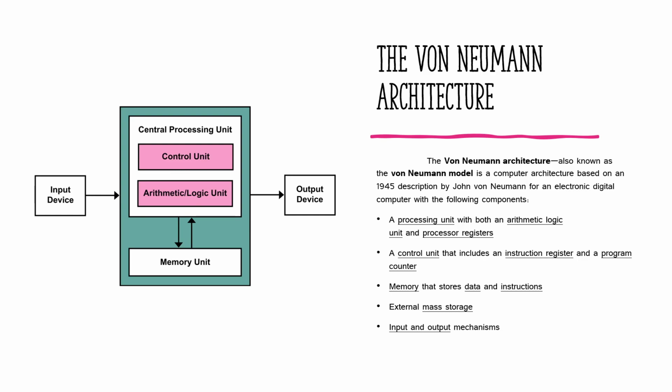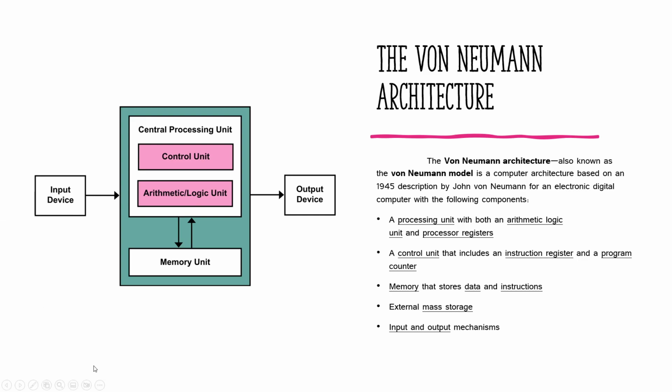So the von Neumann architecture, also known as the von Neumann model, is a computer architecture based on a 1945 description by John von Neumann for an electronic digital computer with the following components: a processing unit with an arithmetic logic unit and processor registers, a control unit that includes an instruction register and a program counter, a memory that stores data and instructions, external mass storage, and input and output mechanisms.